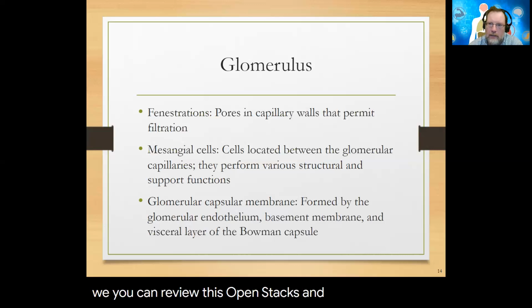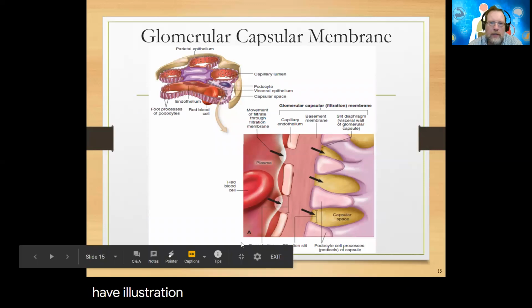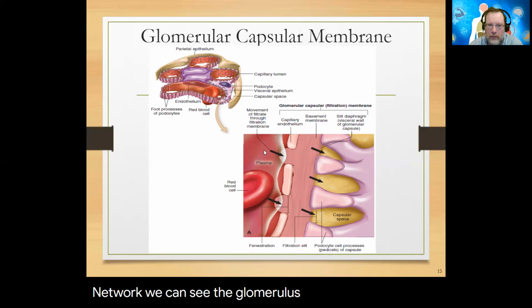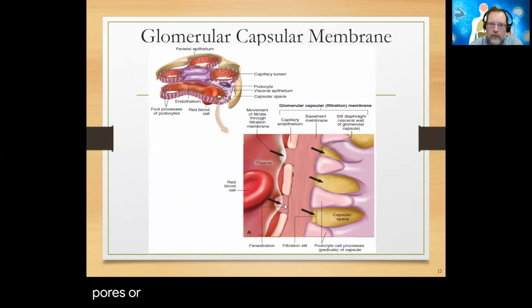OpenStax and Patton's text both have good illustrations of these tiny little features. So here's one of them from Patton that I pulled out. So here's the capillary network of the glomerulus, we see the plasma and the red blood cells, and then we have these little windows or pores or fenestrations in the capillary wall.